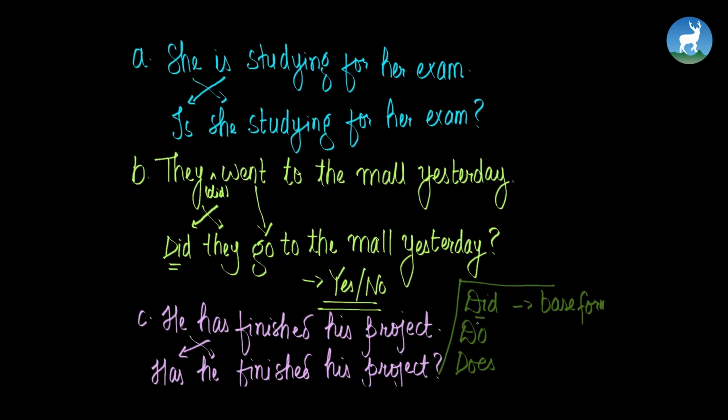We use did for a sentence that denotes the past, do for a sentence which denotes plural forms of the present, and does for a sentence which denotes singular form of the present. Okay? We always use the base form for those sentences which begin with did, do, or does. For the following verbs, always base forms are used to make questions. Please don't forget this. Alright?